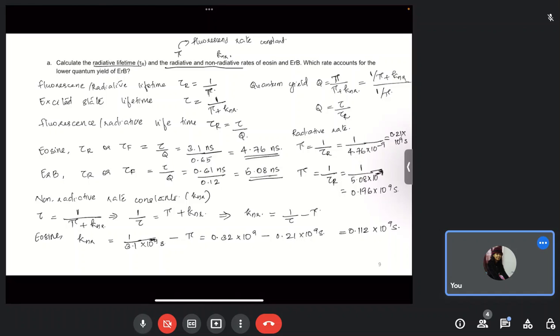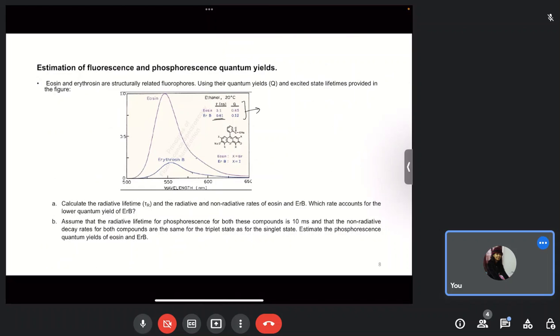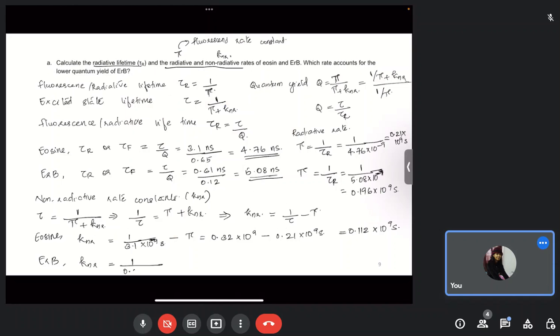For erythrosin, the non-radiative decay rate is equal to 1 divided by tau minus gamma. Tau is the excited state lifetime, which is 0.61 nanoseconds. So that is 1 divided by 0.61 into 10 to the power minus 9 seconds, minus gamma, which is 0.196 into 10 to the power 9 seconds.